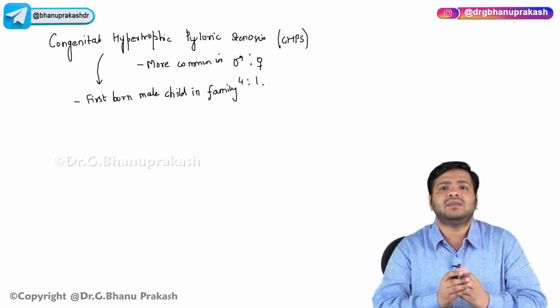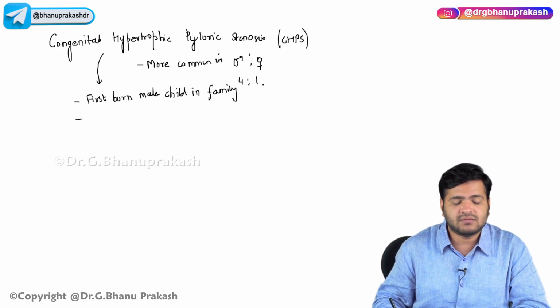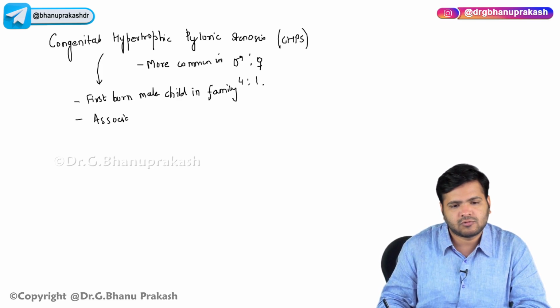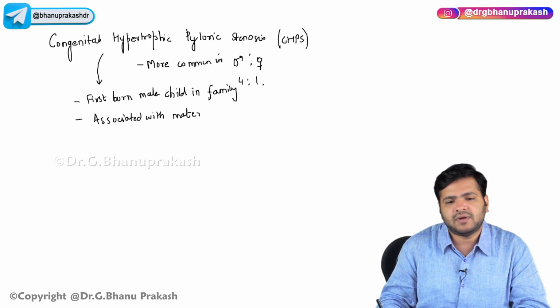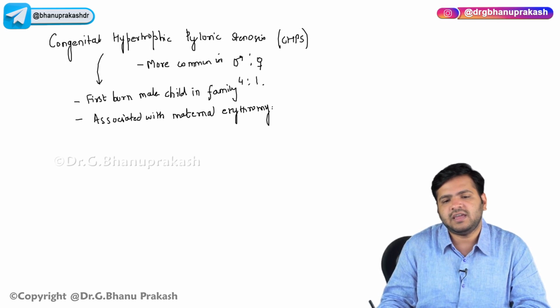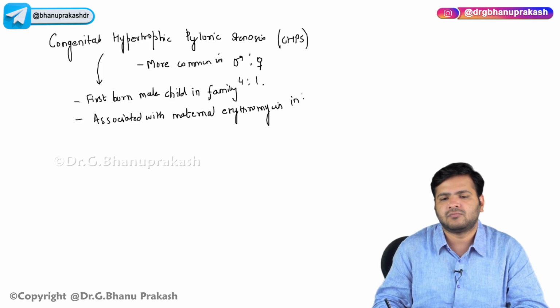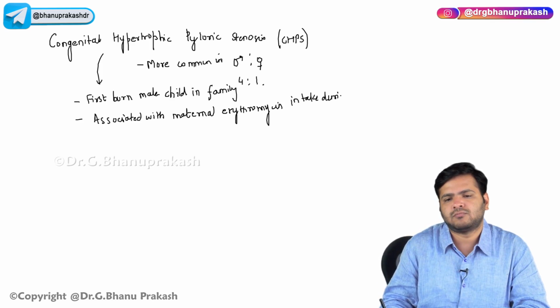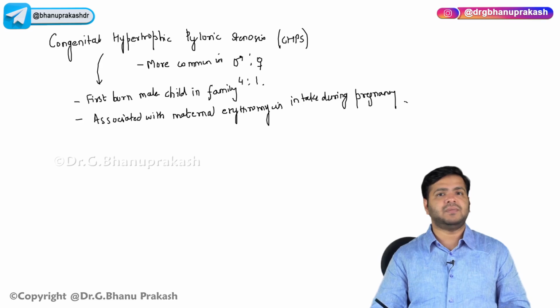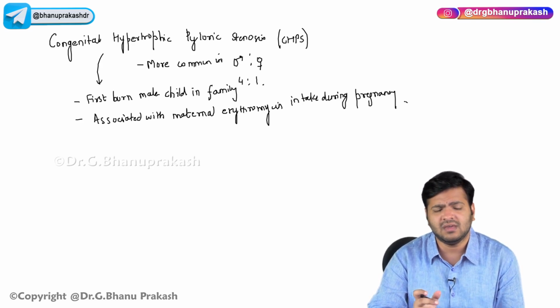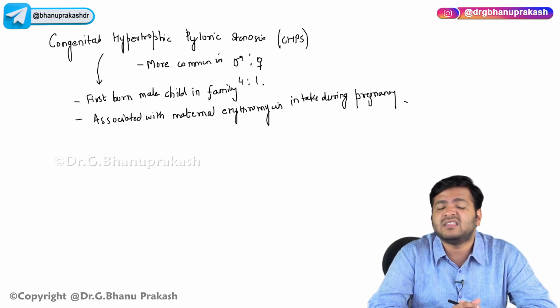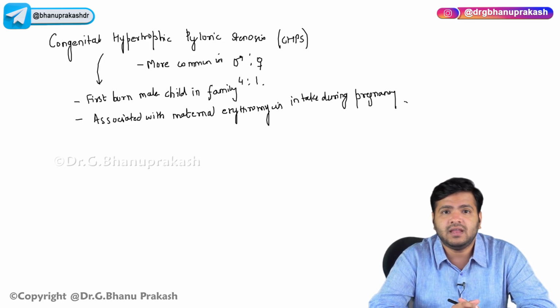Okay, write down, it is associated with maternal erythromycin intake during pregnancy. If the mother has consumed erythromycin during the pregnancy, there are chances that the child can have congenital hypertrophic pyloric stenosis, right?